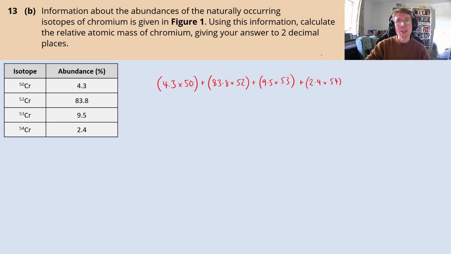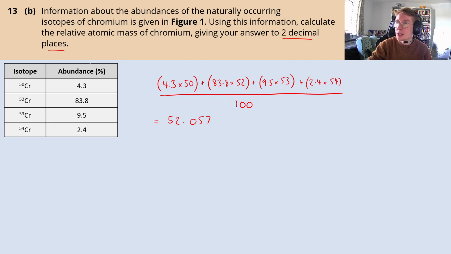Add all of those values together, you get the total mass of the 100 atoms that are in your bag, but we want to know the average mass, the mean, that's the relative atomic mass, so we divide this by 100, and if you divide this by 100, you get an answer of 52.057. That's no good because we want to give our answer to 2 decimal places, so we need to look at the second decimal place, it's 0.05.